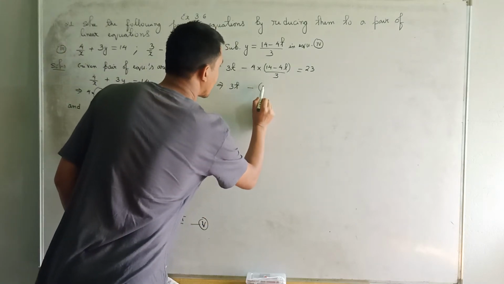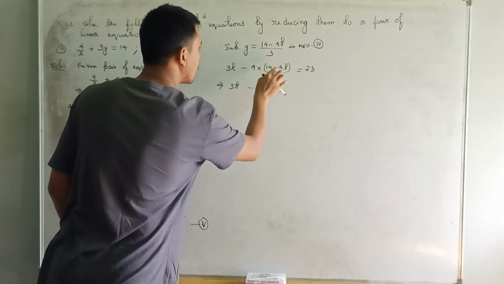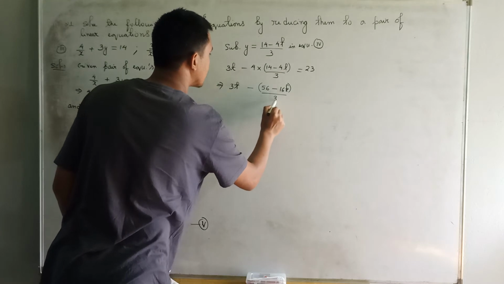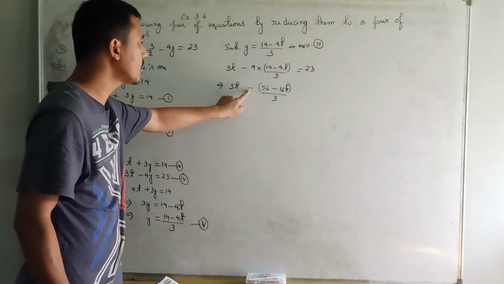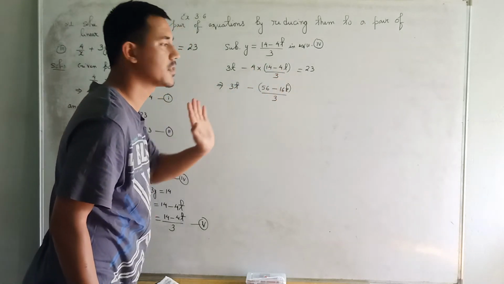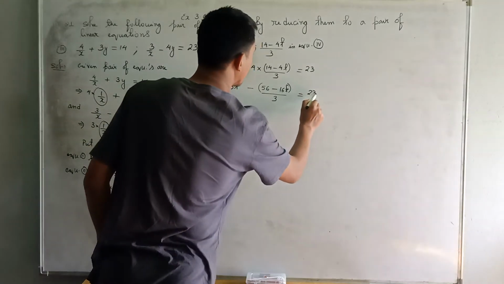So 14 4 times is 56, right? Minus 4 4 times is 16t upon 3. I'm just leaving this minus as it is at its own position, and with this 4 I'm multiplying both of the terms. Is equal to 23.